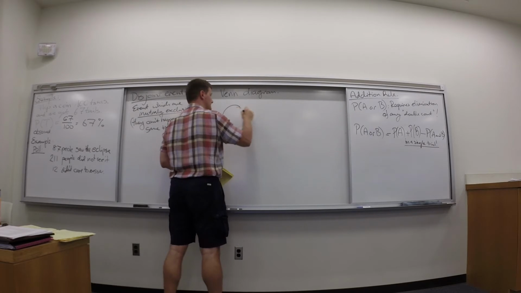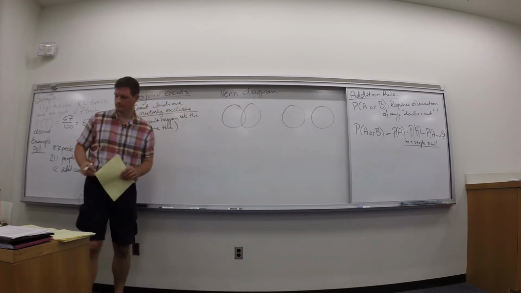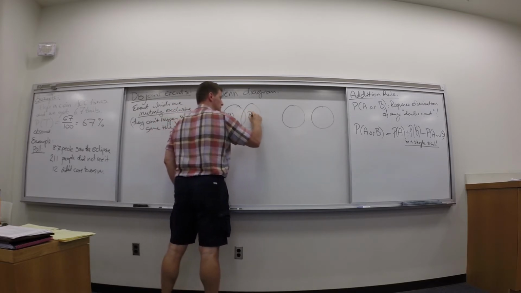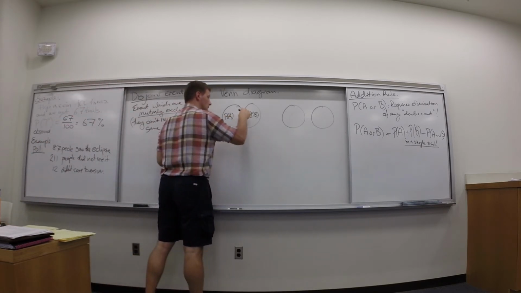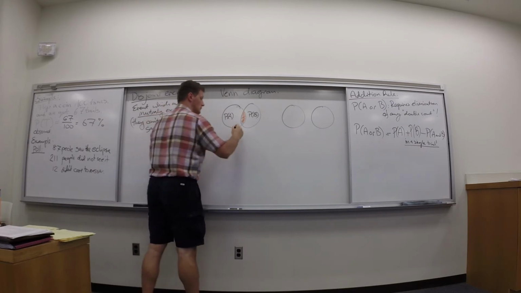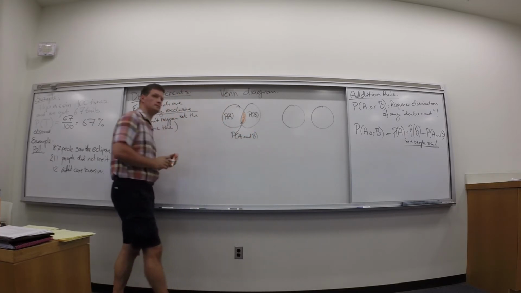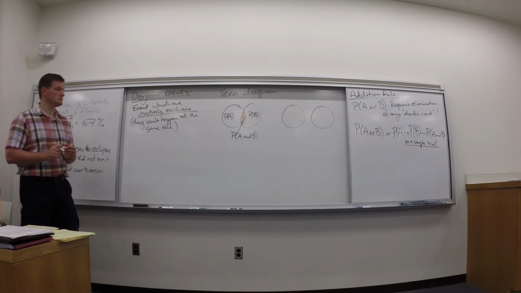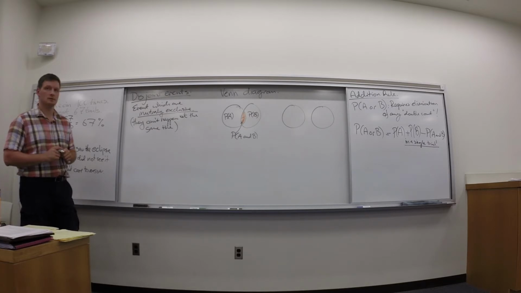So if we look at two cases, if we consider this to be probability of A, this being probability of B, then this right here will be considered probability of A and B, the union.